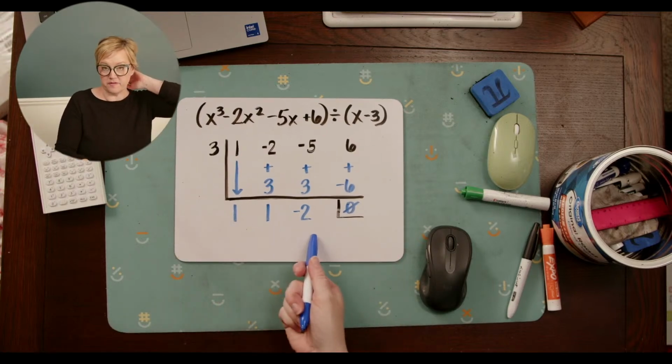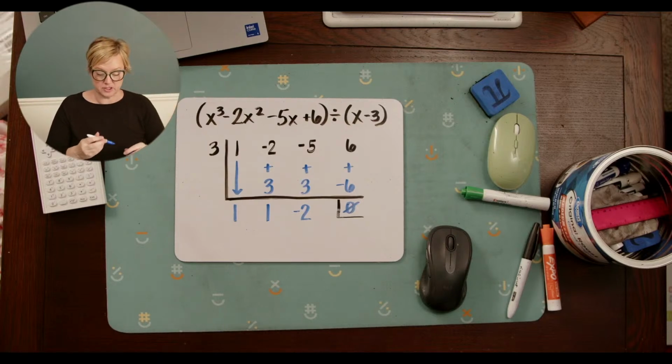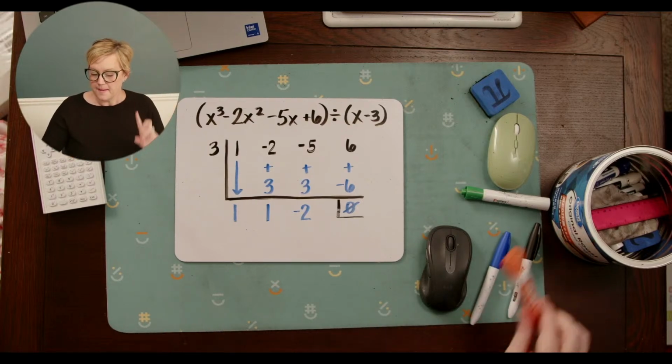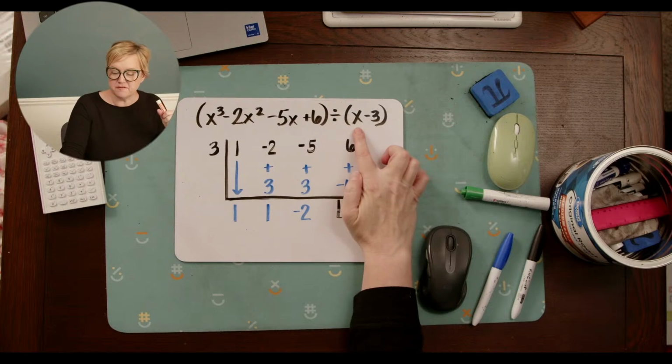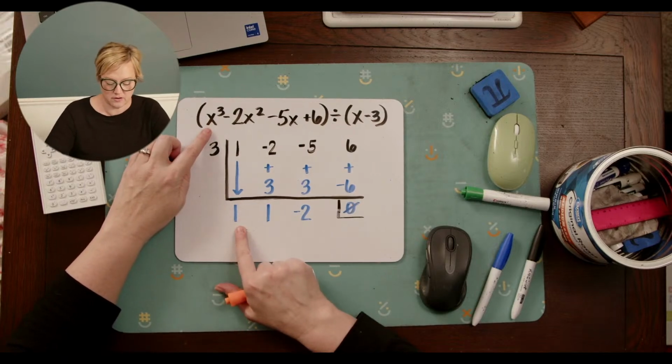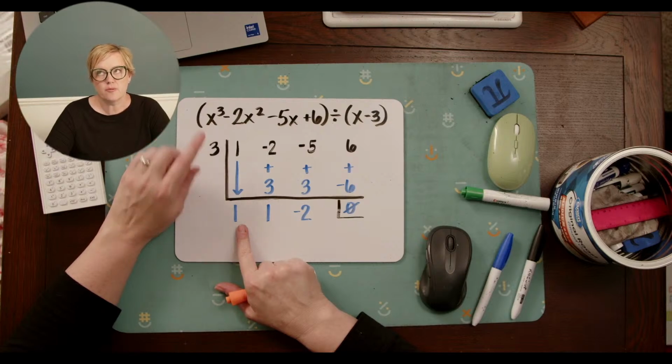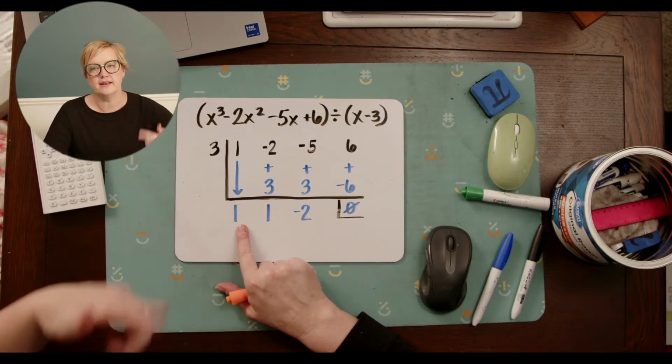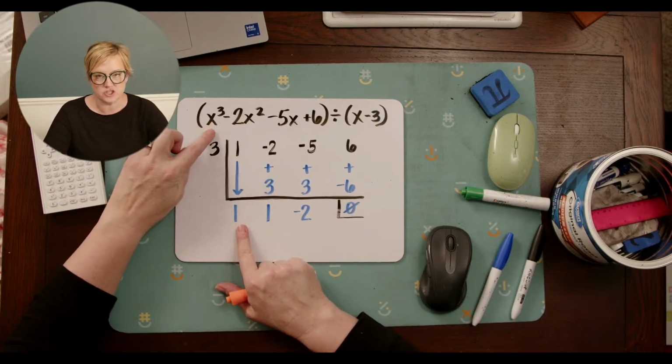These are my coefficients for my solution. But since I've divided by x minus 3, my answer is going to be 1 less degree than what I started with.